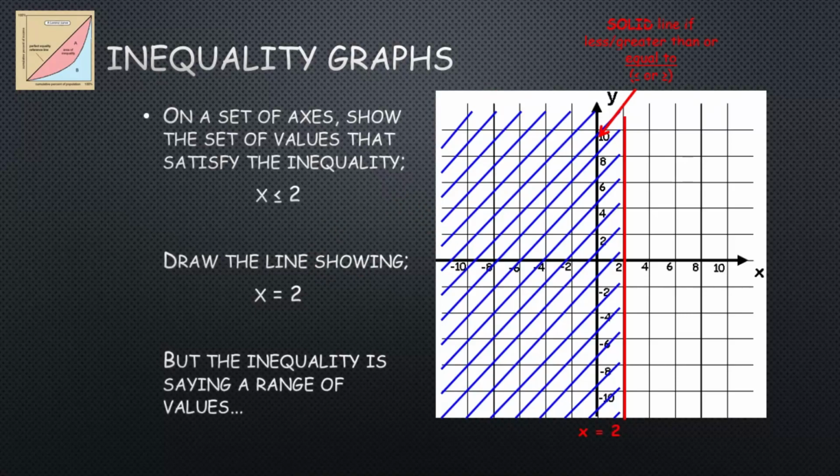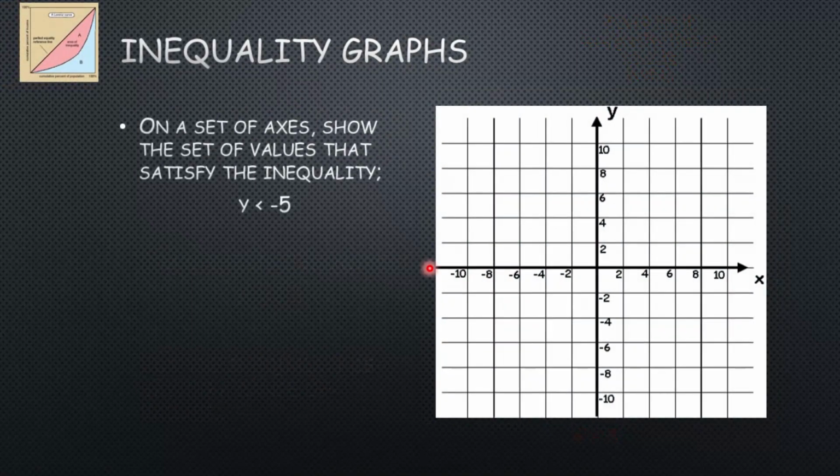Let's take another example. In this example we have the inequality y is less than -5. Here is another thing: if we have an equals sign, the line describing the region is a solid line.